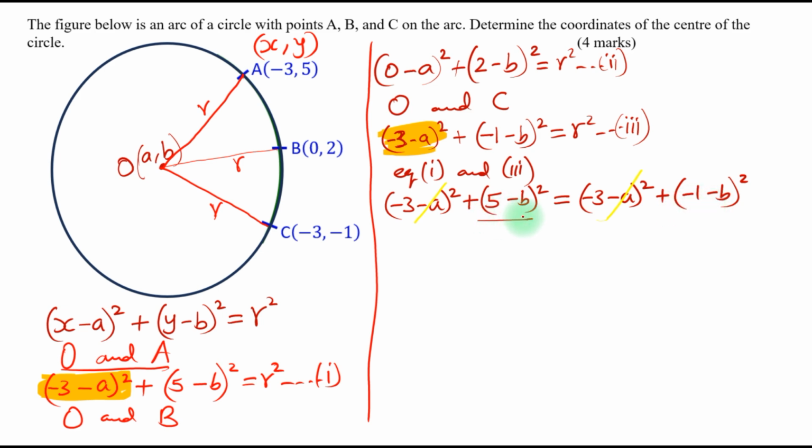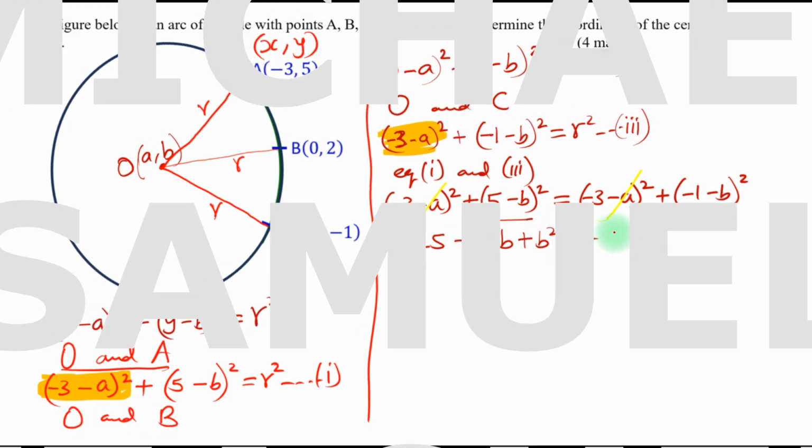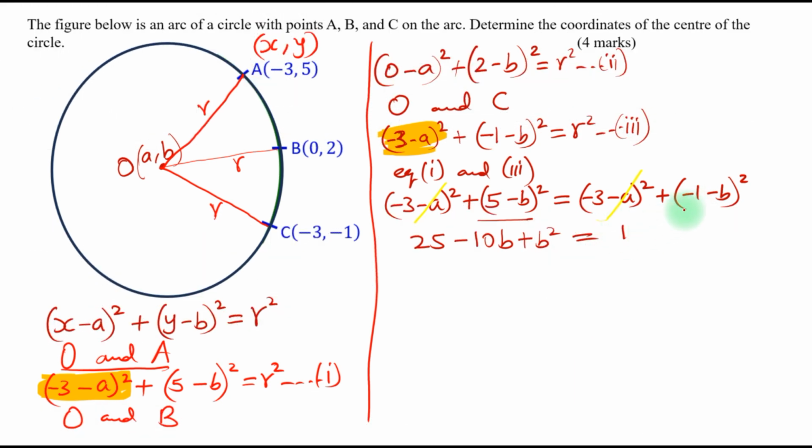If we expand this using the quadratic identity, we get 25 minus 10b plus b squared, and the other one will be 1 plus 2b plus b squared.